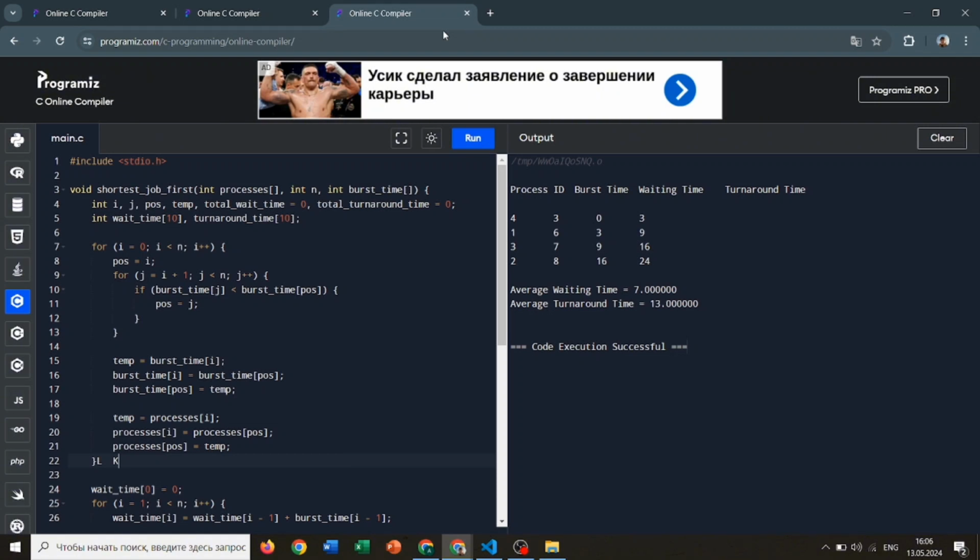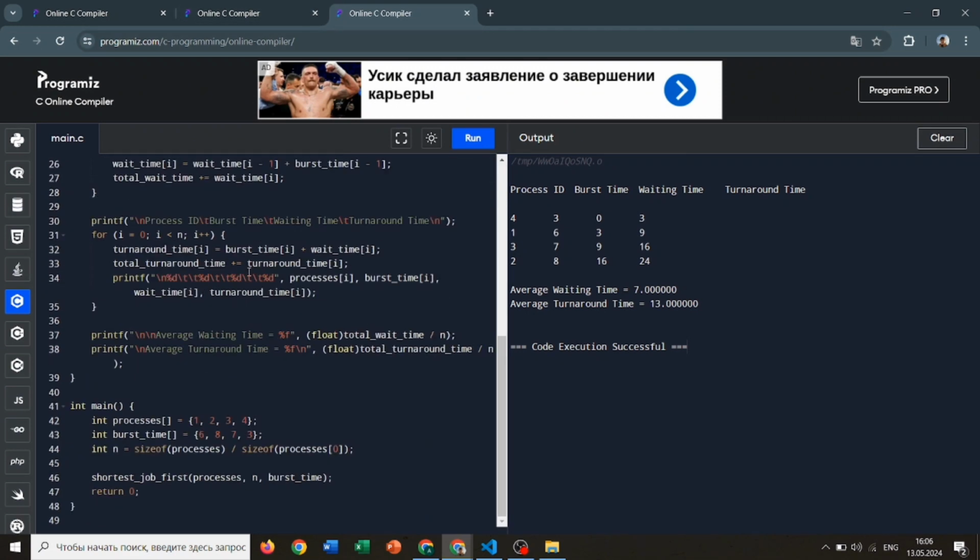So it takes first the process with the smallest execution time, and it executes it first. Shortest job first can significantly reduce the average waiting time for processes in the system, which is beneficial in scenarios where job lengths vary significantly.